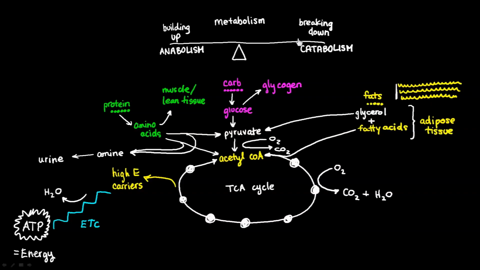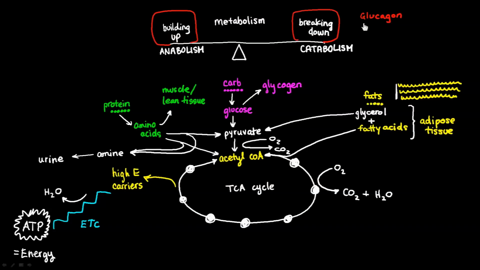And the balance between the breaking down reactions, or the catabolic reactions, and the building up reactions is controlled by hormones in our body. So there are several hormones that lead to breaking down of tissues. Things like glucagon leads to the breakdown of the stores of glycogen in our body.